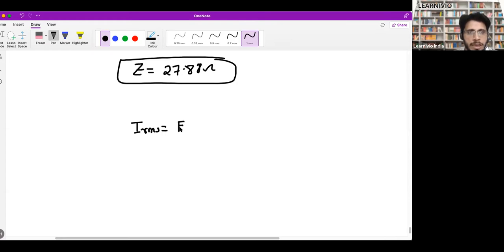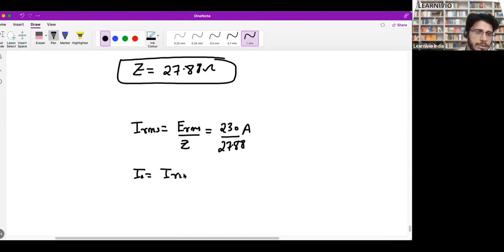IRMS is ERMS divided by Z. ERMS is 230, Z is 27.88 ampere. Then you need I naught. You can write that I naught is IRMS into root 2. So I naught comes out to be 230 by 27.88 into root 2 ampere.